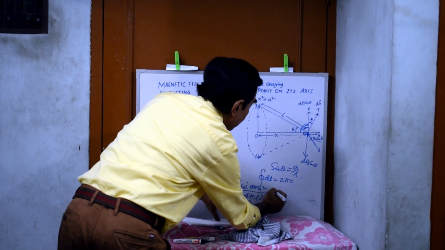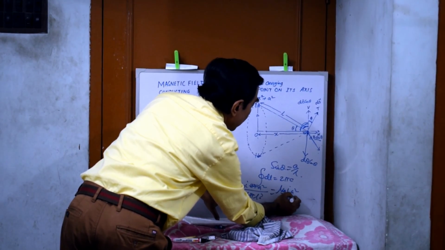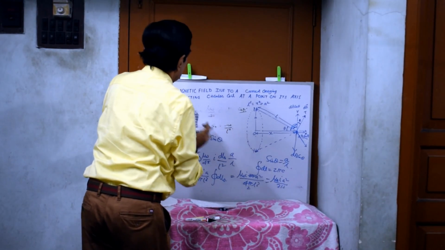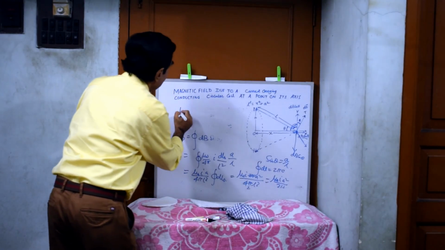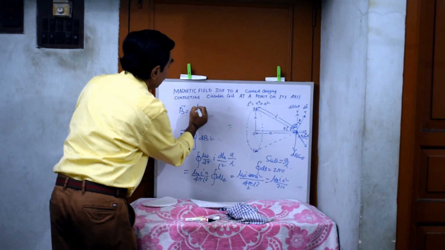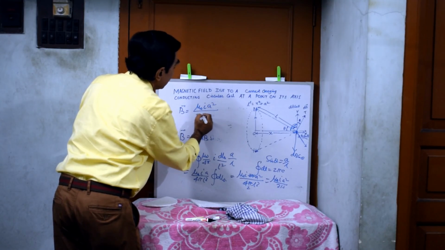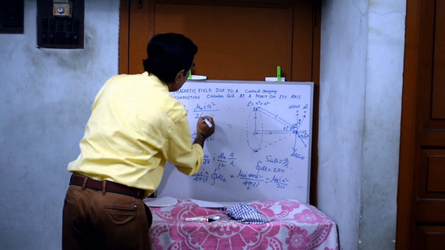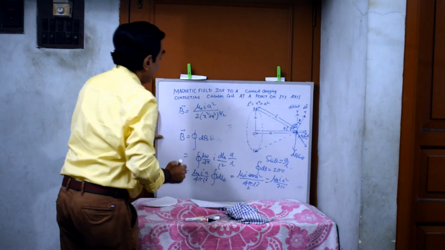So this is mu 0 I a square by 2 L cube. So B equals mu 0 I a square by 2 L cube, and L square equals x square plus a square, so B is mu 0 I a square by 2 into (x square plus a square) whole to the power 3 by 2.